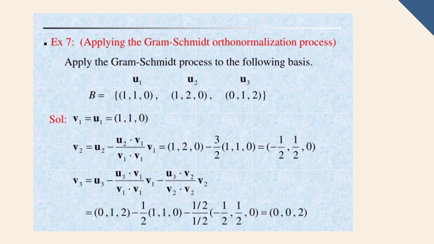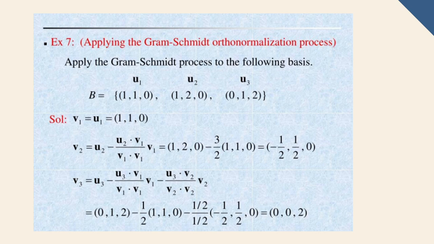Next, we find v2 by subtracting the projection of u2 onto v1. We compute u2 dot v1 divided by v1 dot v1, which is 3 over 2, and subtract 3 over 2 times v1 from u2, giving us v2 equals (-1/2, 1/2, 0).